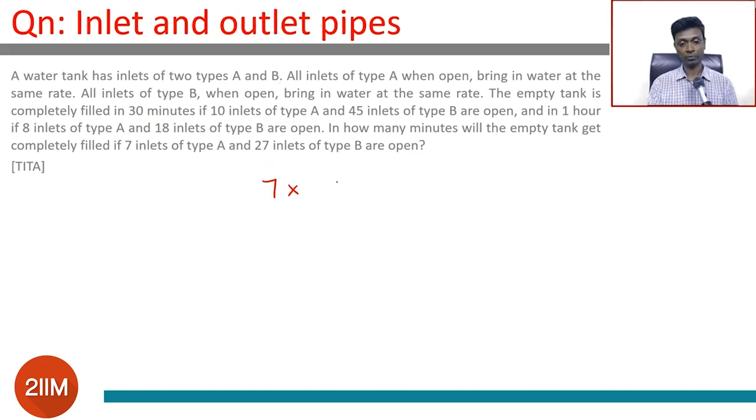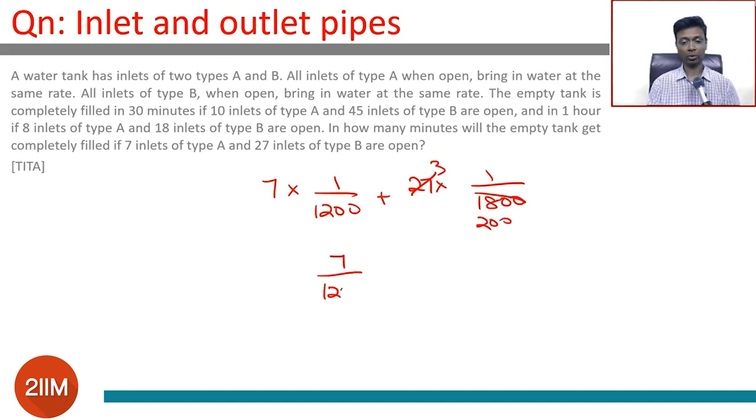7 times 1 by 1200 plus 27 times 1 by 1800, whatever that is. 27 by 1800 is 3 by 200. This is 7 by 1200 plus 18 by 1200, which is 25 by 1200.